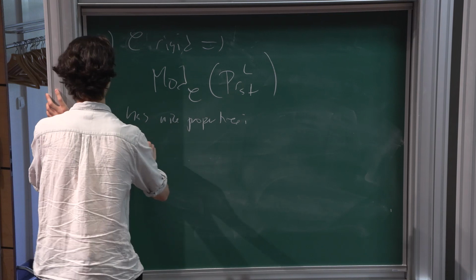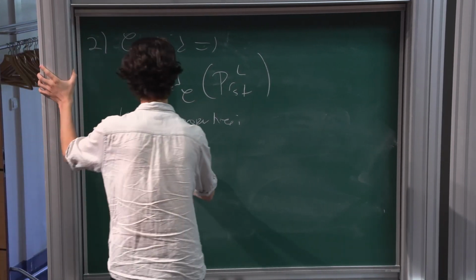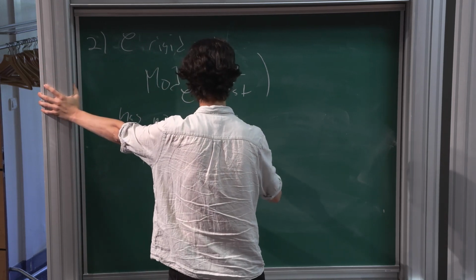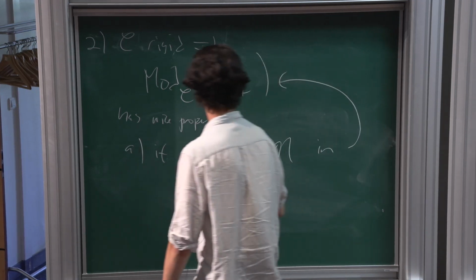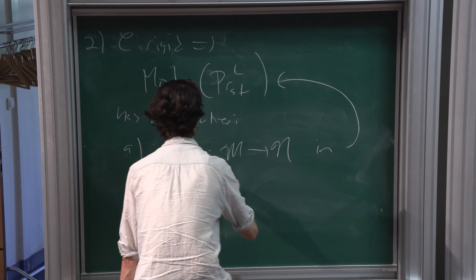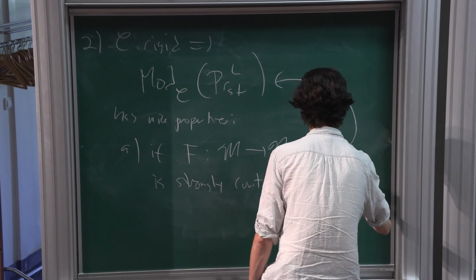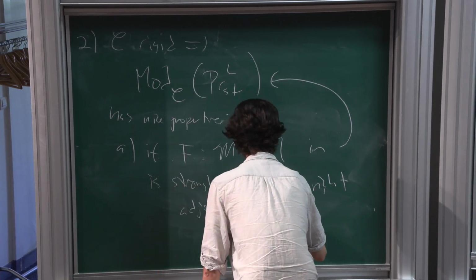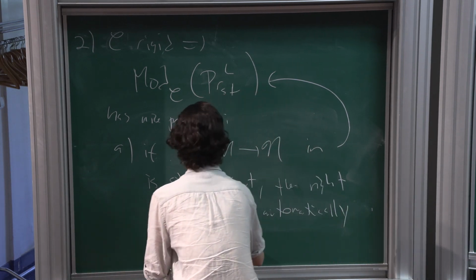So the first one would be, if F from M to N in this category is strongly continuous, then the right adjoint is automatically C-linear.